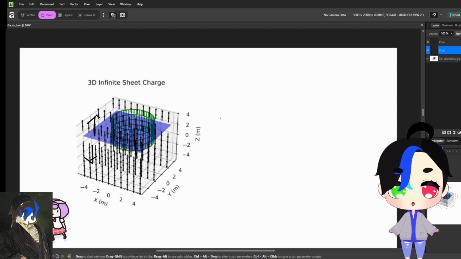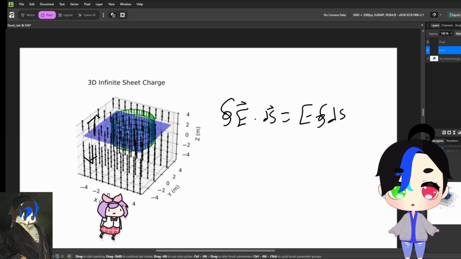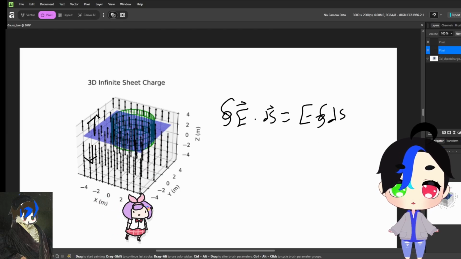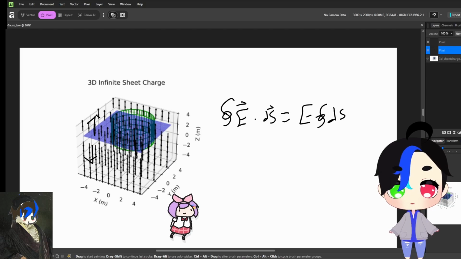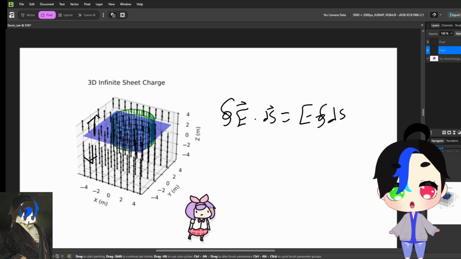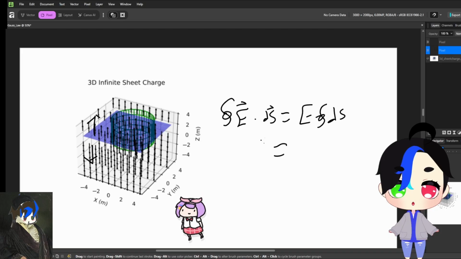So this time the surface integral, again, you can end up just pulling out the surface area element. This time, this surface area element is just the surface area of the top of the cylinder and the surface area of the bottom of the cylinder. So those are both the same. So that's just pi r squared.